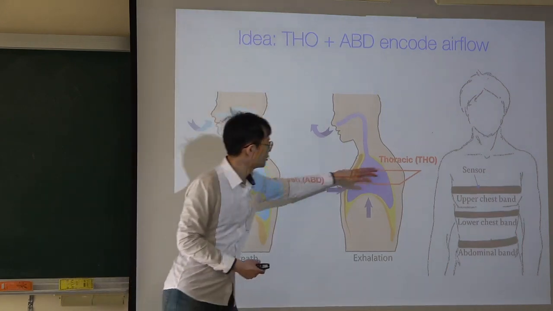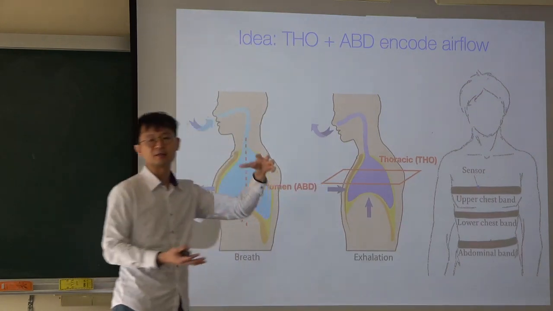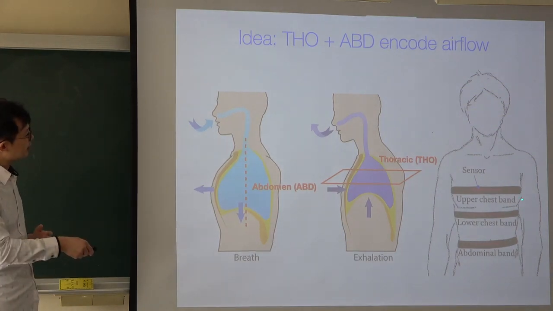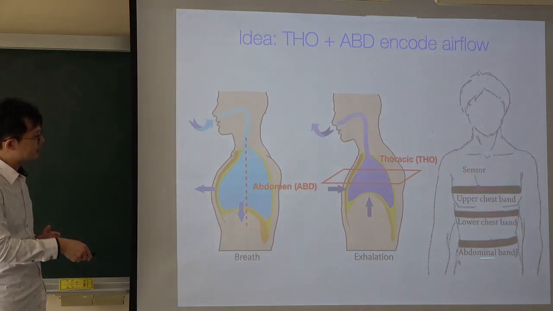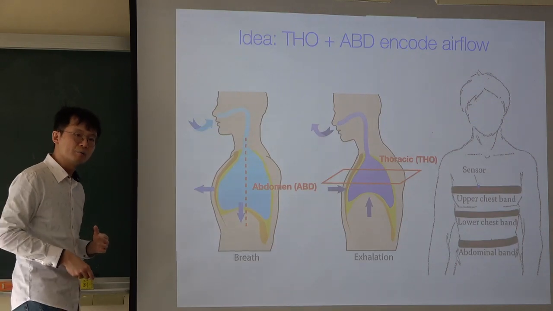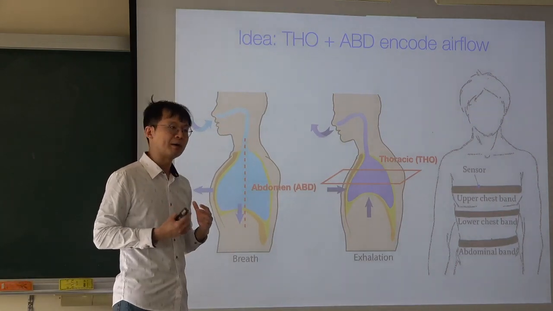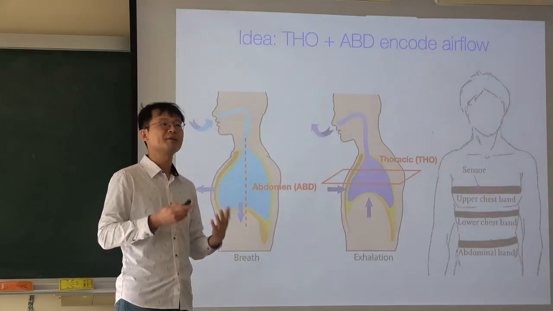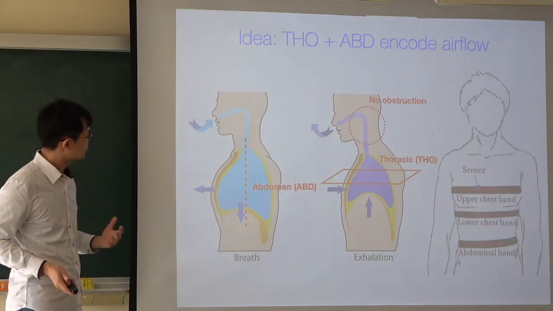So in total, if you multiply these quantities, you can get a total volume of air. So it tells you that by recording thoracic movement and abdominal movement, we may already have some information about your airflow, but the relationship can be very nonlinear. So what should we do?